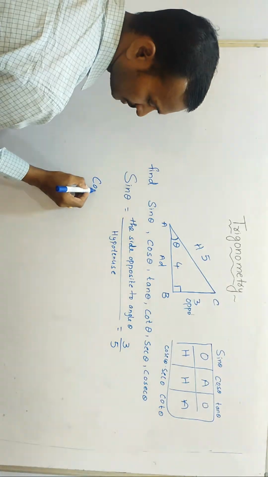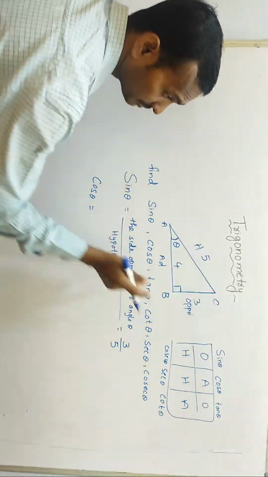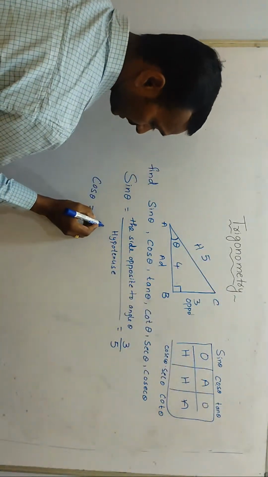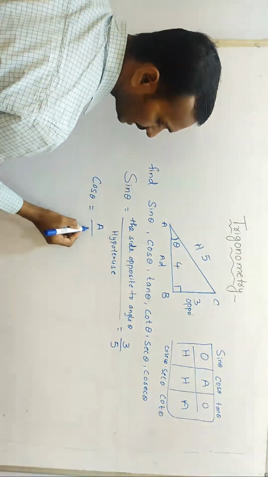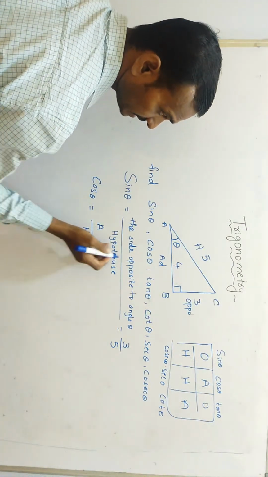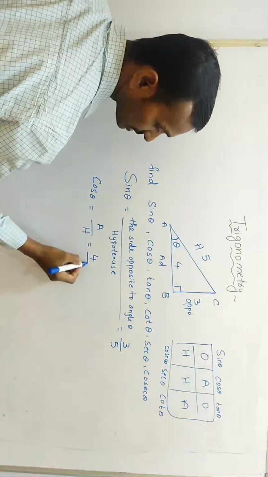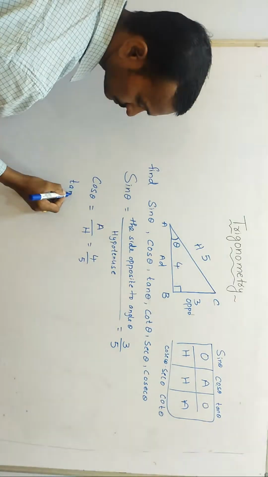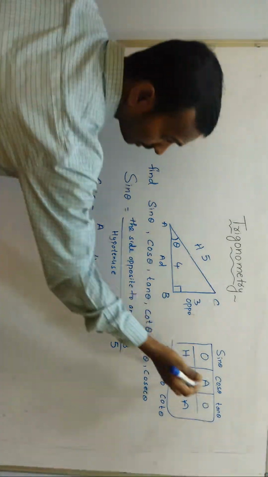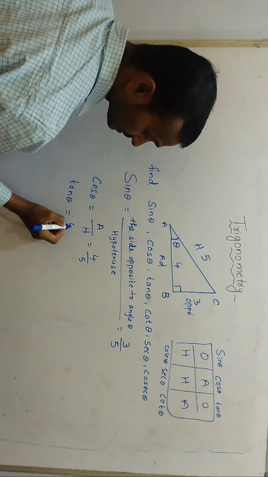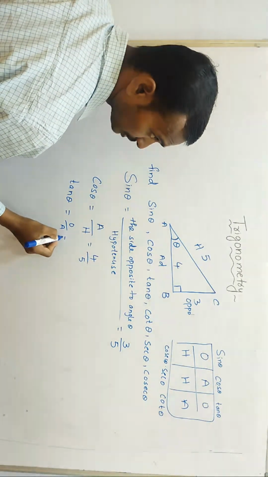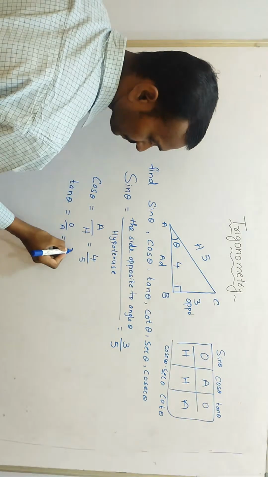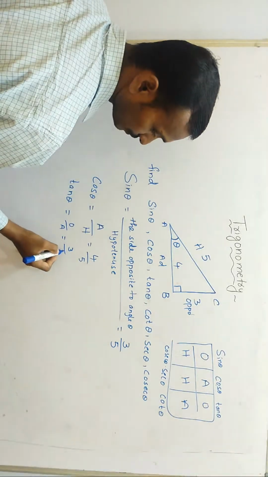What about cos theta? Cos theta means A by H, adjacent by hypotenuse. The adjacent value is 4, hypotenuse is 5. Next, tan theta. Tan is opposite by adjacent. Opposite is 3, adjacent is 4.